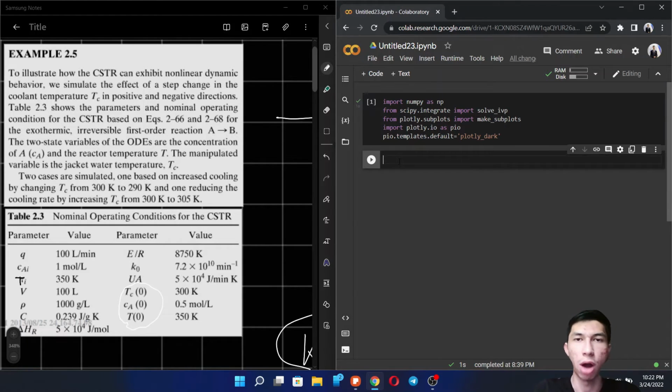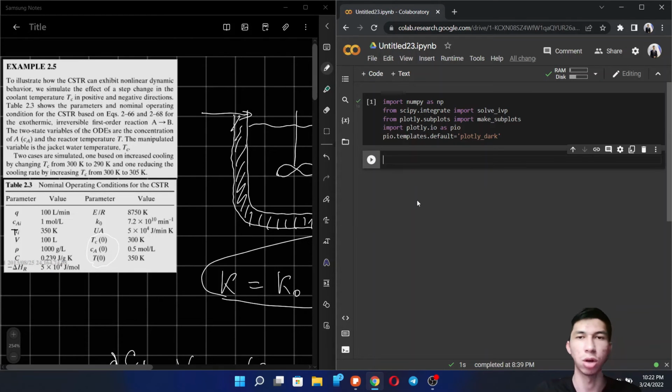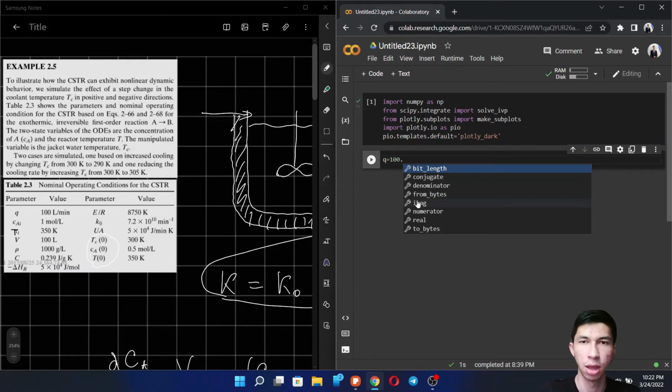Okay, for our code, we need to have these constants in our code, right? So we're going to be using them. So let's just get them all here. Okay, so we need our Q. Our Q is going to be equal to 100, right?